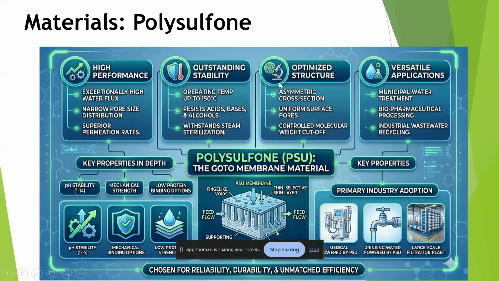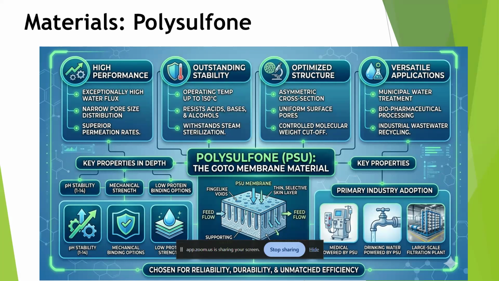As I was mentioning, there are different materials currently used to make the polymer dope or polymer solution, and some are very commonly used. Number one is polysulfone. Polysulfone has a wide range of applications, whether in water purification or gas separation, and specifically in industrial wastewater treatment also.